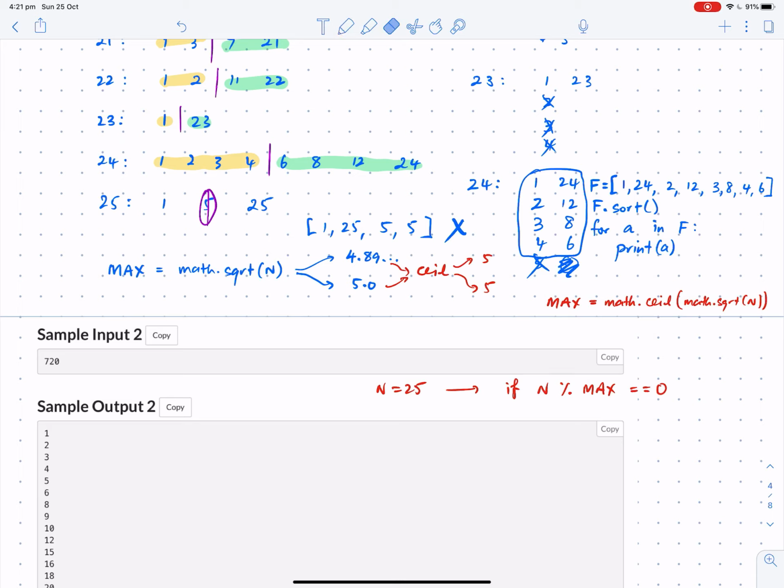Or maybe I'll say, if the maximum times the maximum is equal to n, then we have a square number which we treat carefully. Otherwise, we have a non-square number. All right? Okay, let's get a complete program going here.